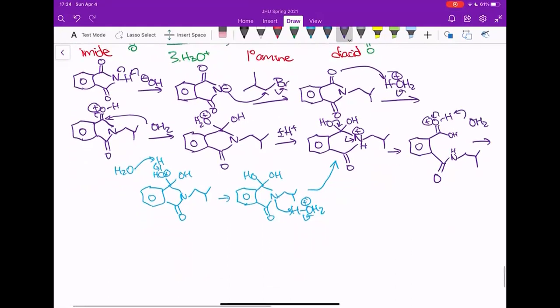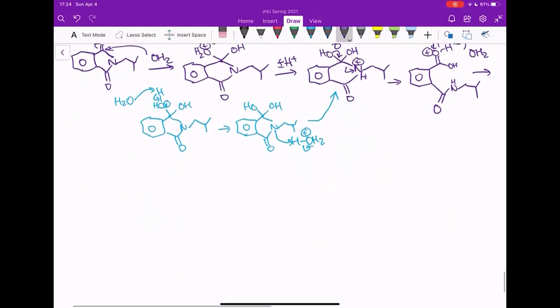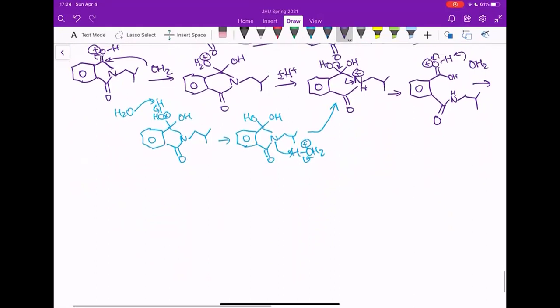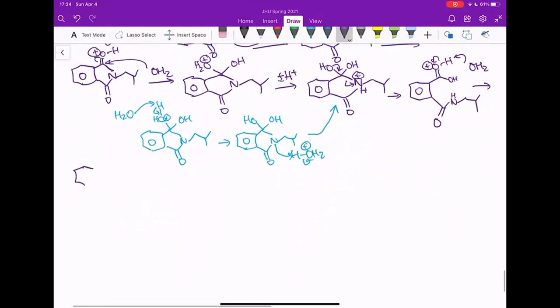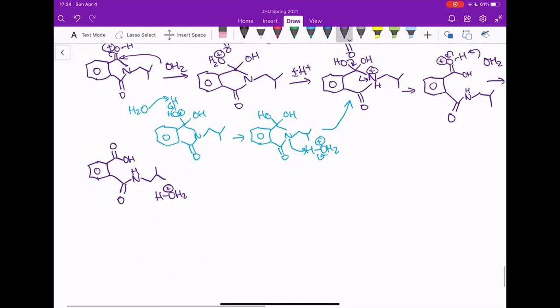Okay, I'm gonna move this down a little. So after that water deprotonation step, I have my carboxylic acid on the top half. And now my goal is to do the same thing to the bottom half. Okay, so I'm going to come in with some more acid water. It's going to go ahead and protonate.